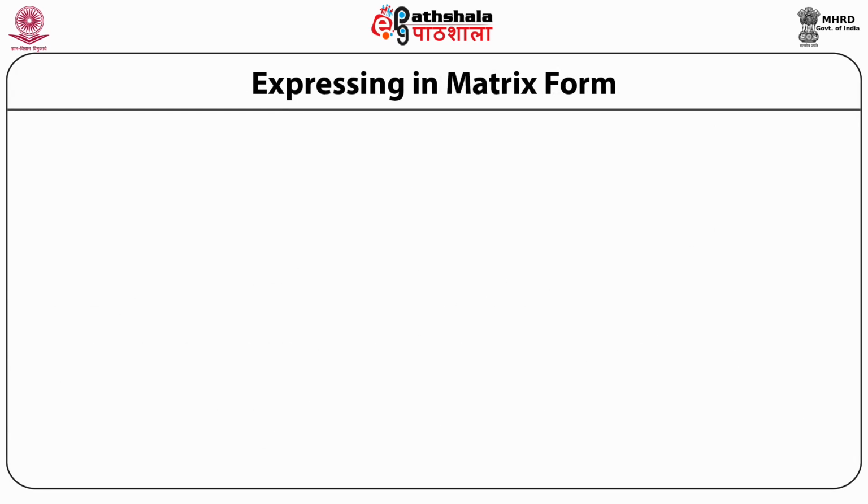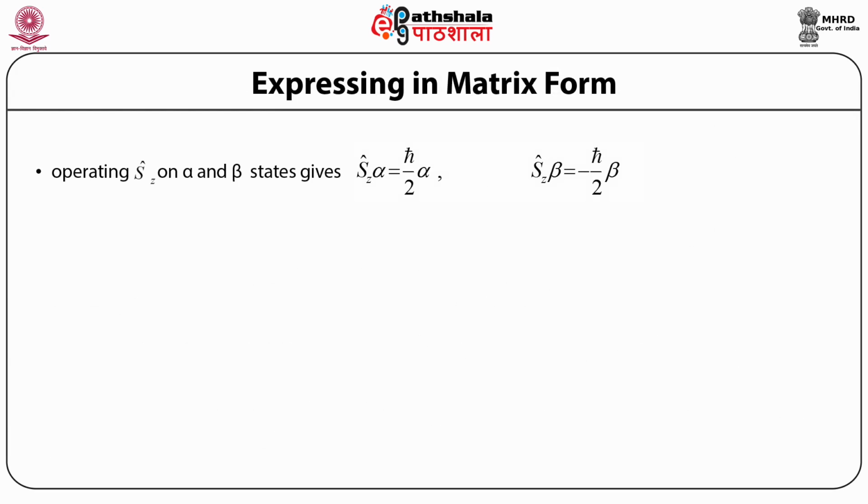Expressing the spin operators in matrix form. So now we will see that these components of the spin operators, that is the x component, the y component and the z component, how these components can be expressed in matrix form.